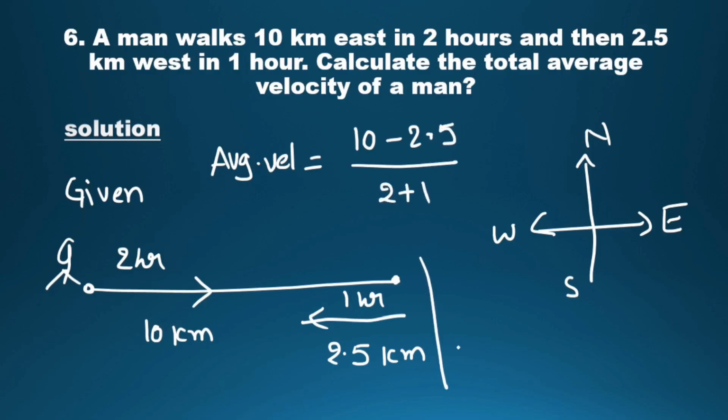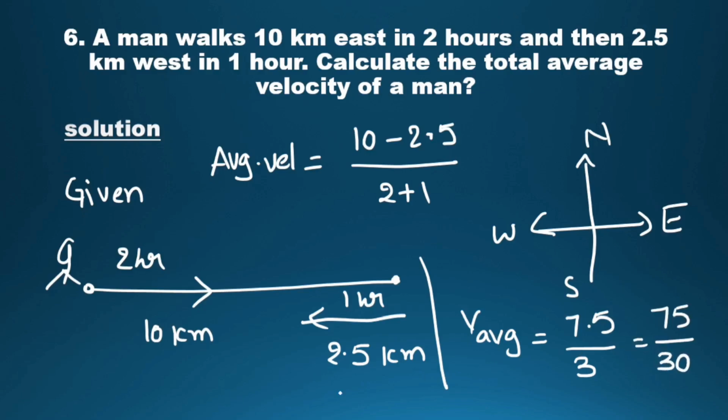Now, by calculating this, average velocity equals 7.5 by 3. Now, we can write it as 75 by 30. Now, what is the average velocity here? 2.5 kmph.